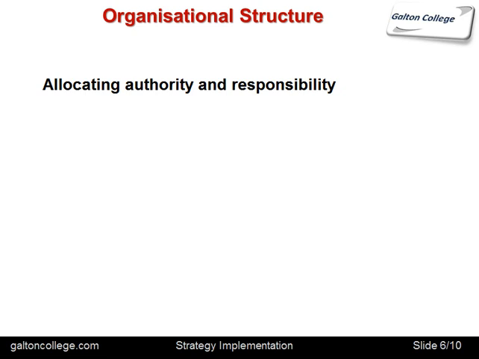Allocating authority and responsibility within organizations is critically important. Who is responsible for what? And how is the organization worked out? How is it planned and delivered? Who in effect is in charge of what? So the limits of responsibility must be determined.